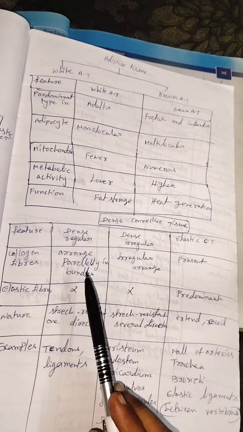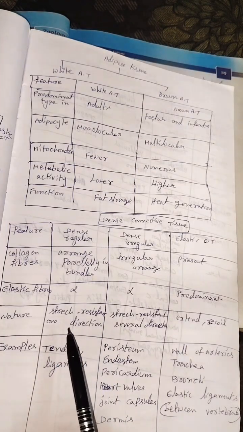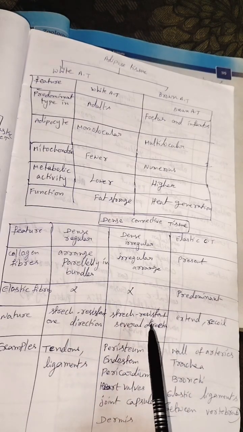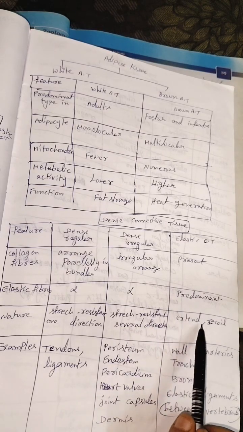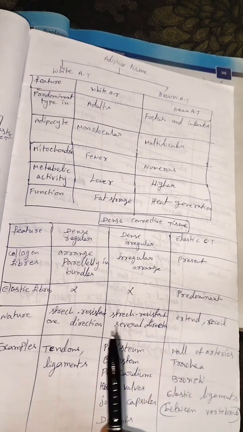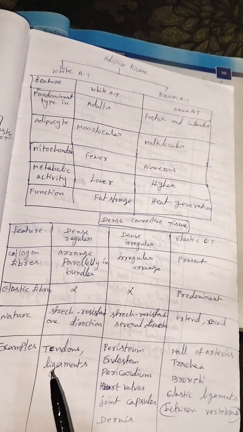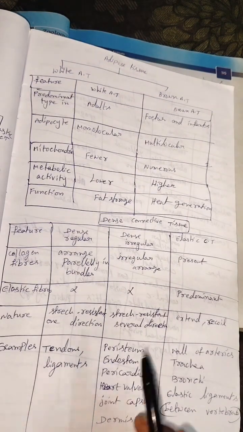Next, nature. Regular is stretch resistant in one direction, only one direction stretchable. Irregular is stretch resistant in several directions. Elastic extends and recoils. For example, dense regular connective tissue: tendons and ligaments, stretchable in only one direction.